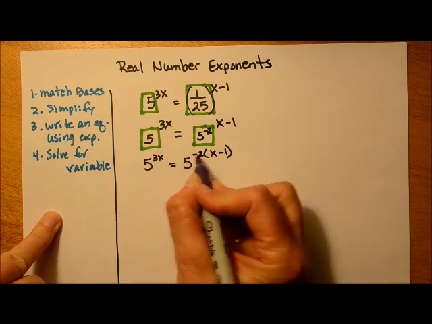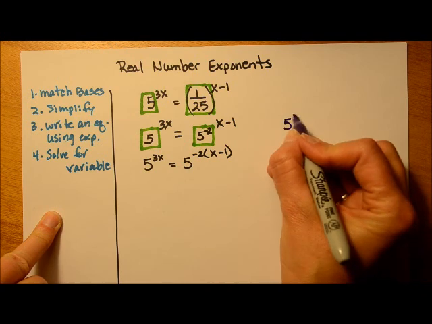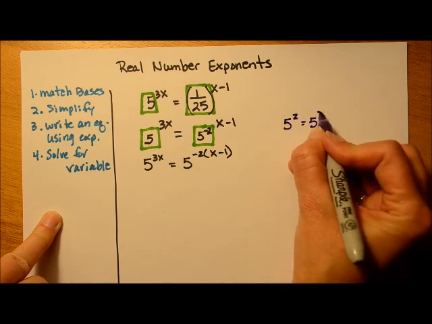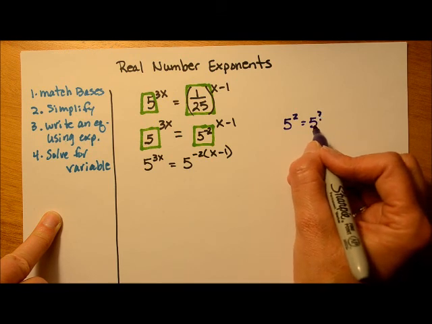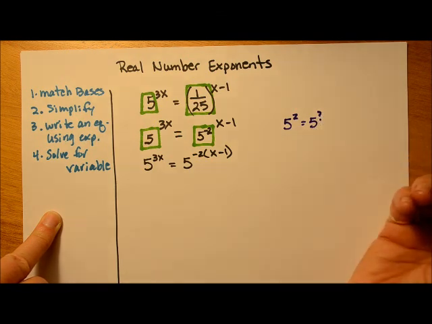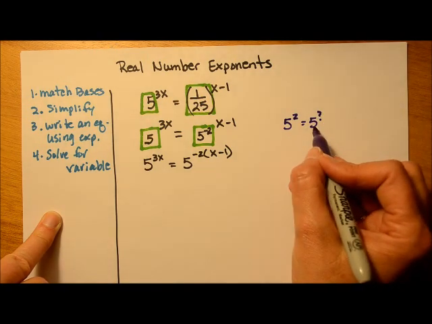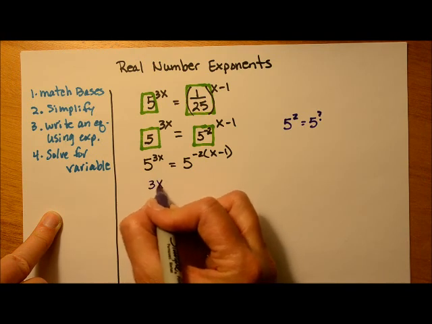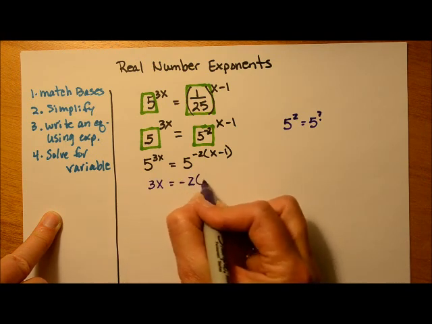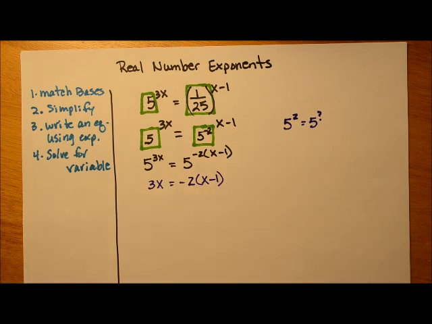Because this has to be true, right? Again, if I had 5 squared equals 5 to the what? Well, it would have to be 2, because that's the only way that it would be equal, right? These have to be equal if my bases are the same. So I'm going to write my new equation. There's my new equation.